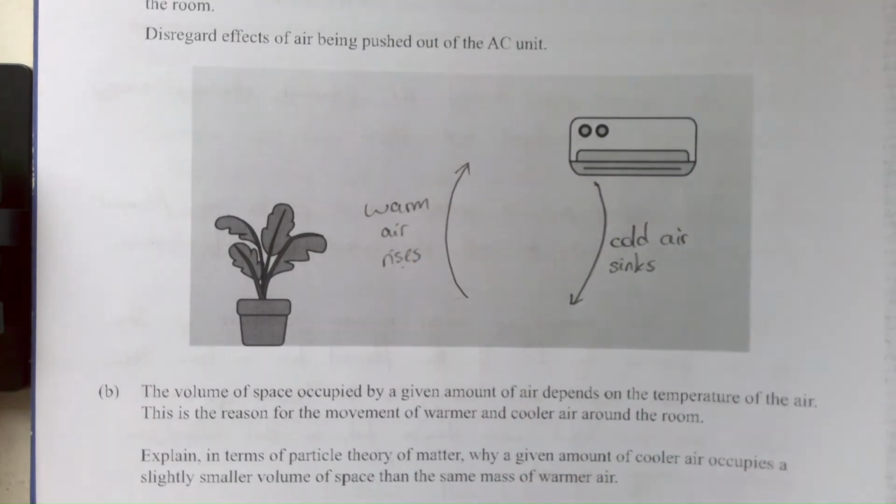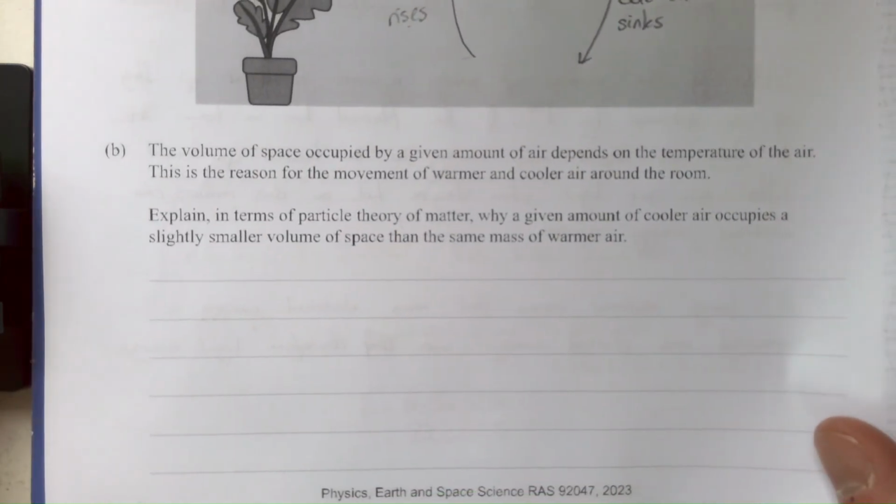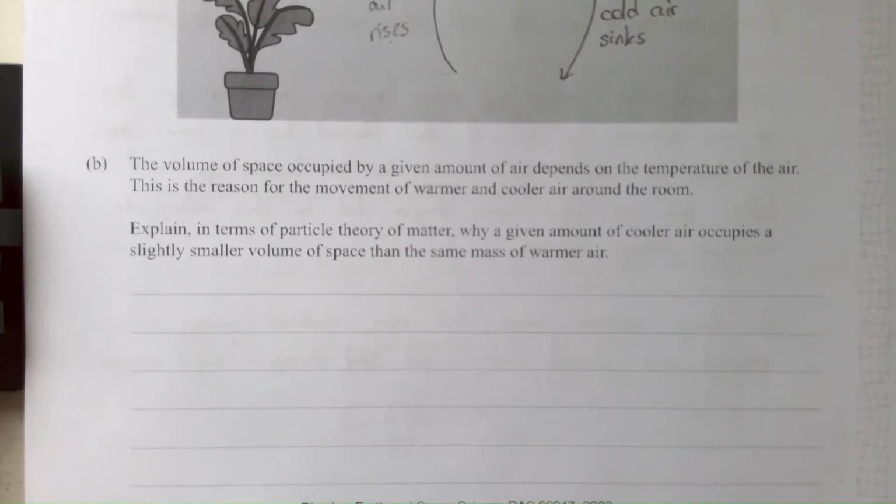Okay. Now part B, the volume of space occupied by a given amount of air depends on the temperature of the air. This is the reason for the movement of warmer and cooler air around the room. Explain in terms of particle theory of matter why a given amount of cooler air occupies a slightly smaller volume of space than the same mass of warmer air.